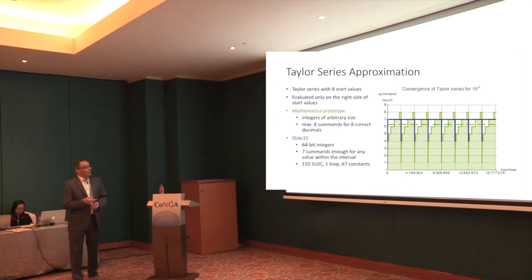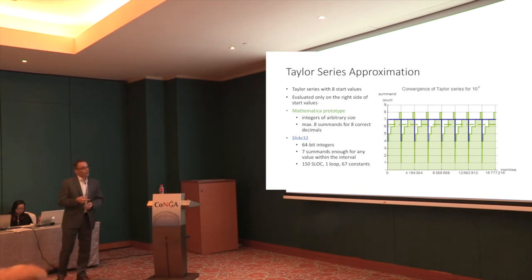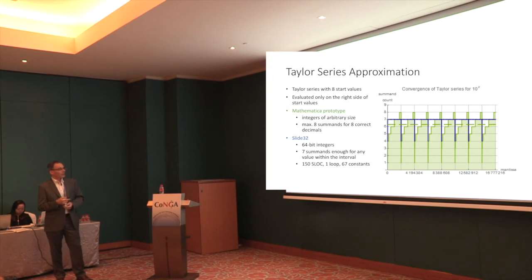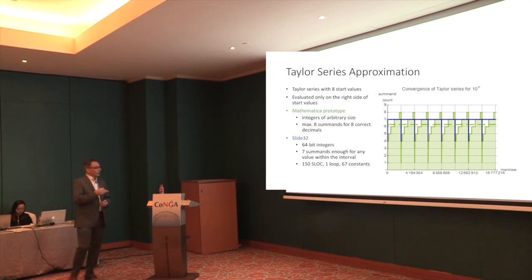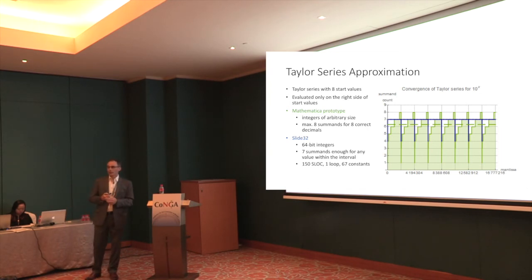That needs up to 8 summands if we divide the range into 8 starting values. For the slide values, there's a slightly different criterion. I wanted to have 8 decimals of any value that is inside the interval.